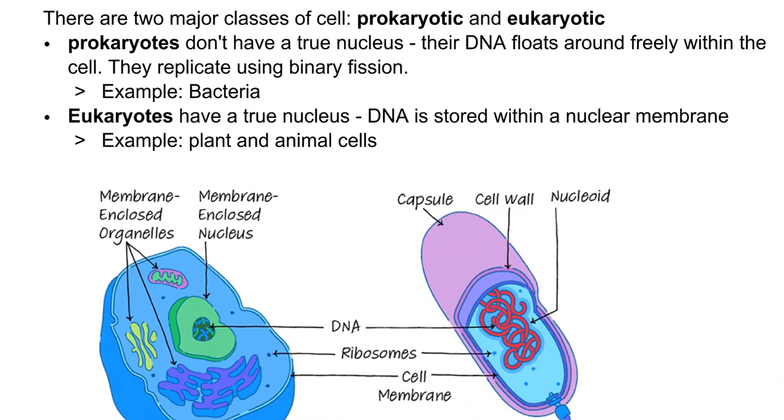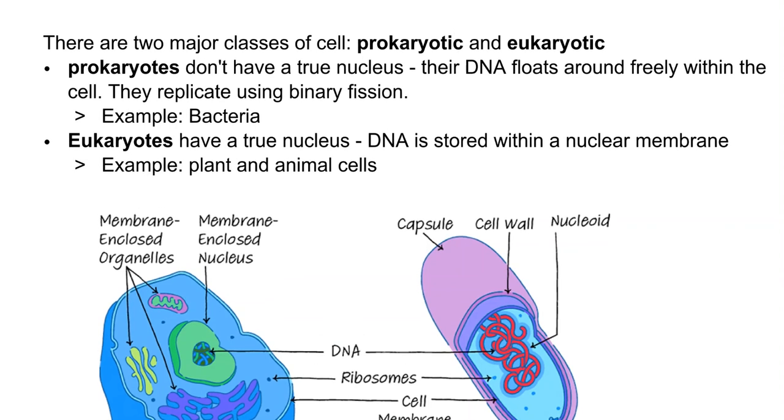So there are 2 major classes of cells. What we mean by that is we can separate living organisms basically into 2 different groups. One is prokaryotic and one is eukaryotic. Now, when I say prokaryotic, I'm stealing this from the Amoeba Sisters, okay?